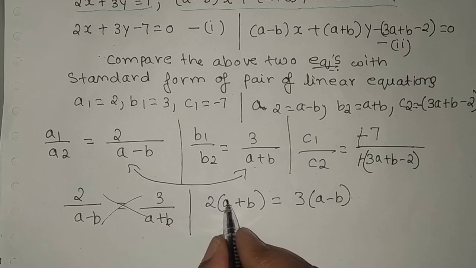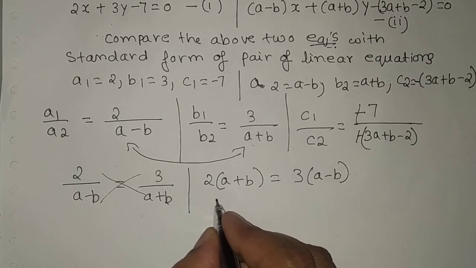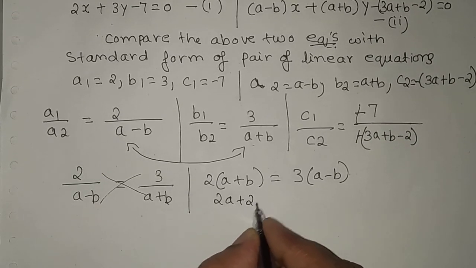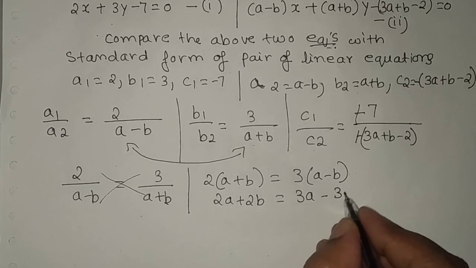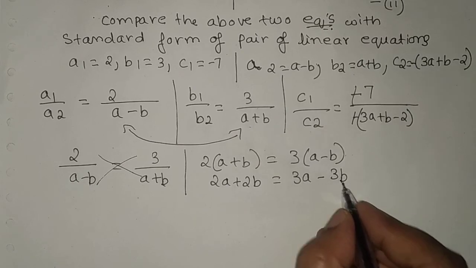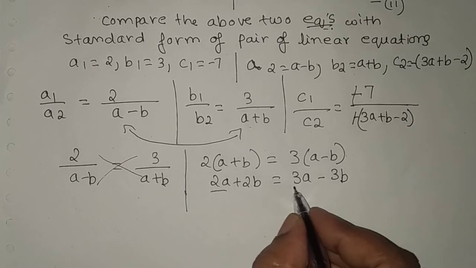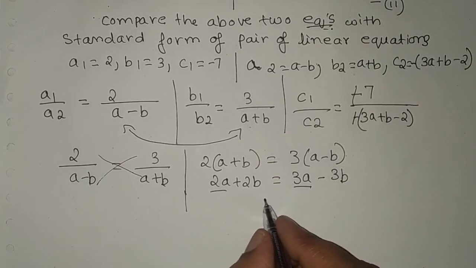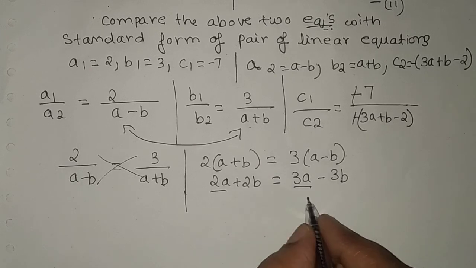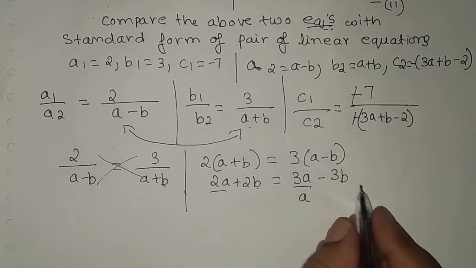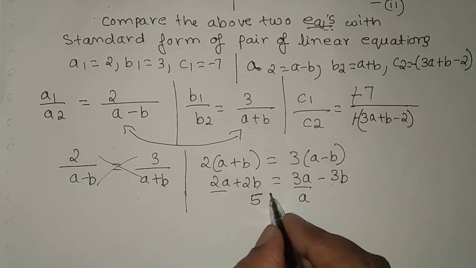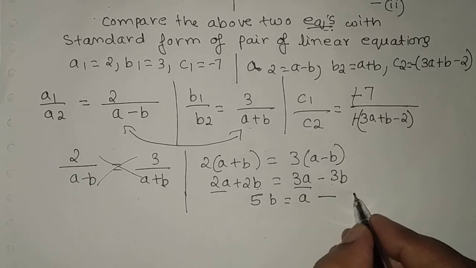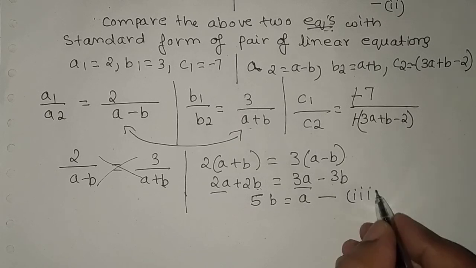After this, bring 2 inside the bracket: 2a plus 2b is equal to 3a minus 3b. Now simplify: a is equal to 5b. This will be the third equation.